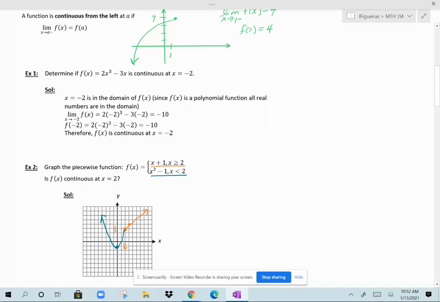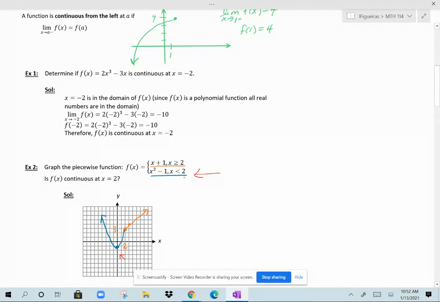Then we have to graph the parabola. And with parabolas, you want to make sure that you show the vertex if it falls within the domain. So for this, we want values less than 2. The vertex is at (0, -1), so that is less than 2. So that's right here.